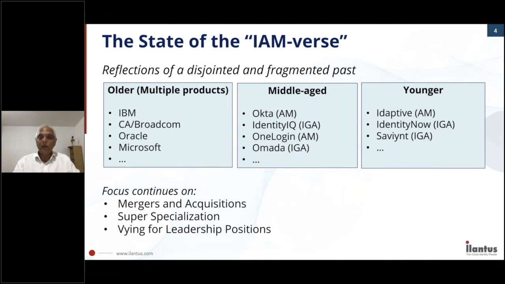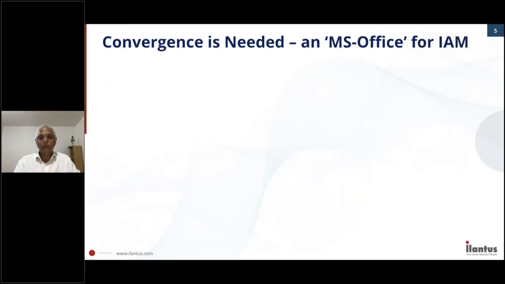They want all the IAM features, be it access management, IGA, or privileged access management, to come from one single integrated product. In other words, what is being demanded by customers today is convergence. I call it the MS Office approach to identity and access management.